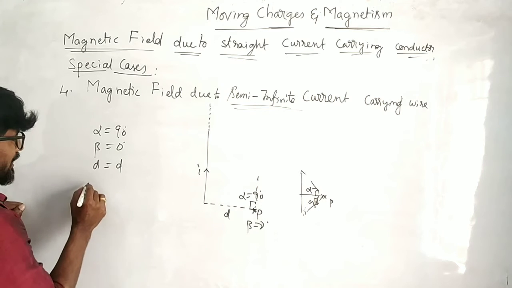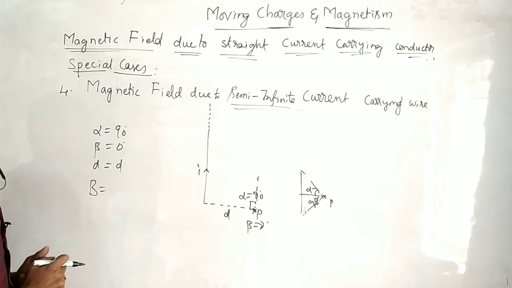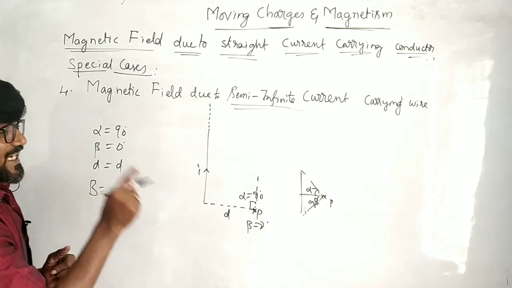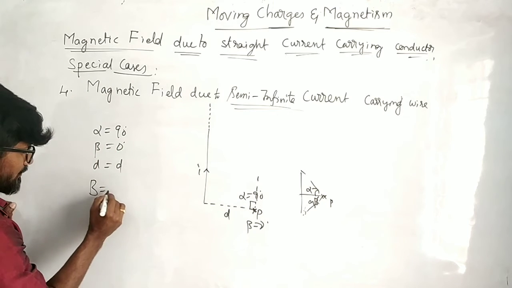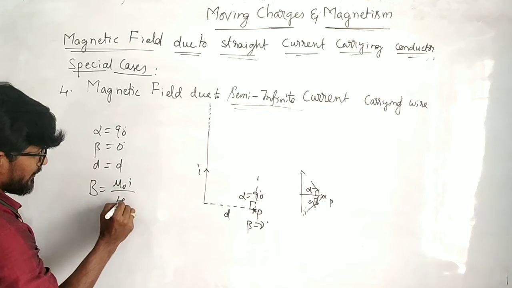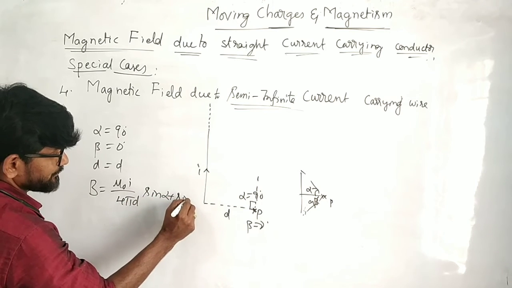So what is the magnetic field due to a semi-infinite current carrying conductor, when the point is lying near one of the edges? Here B is equal to mu naught I by 4 pi D into sin alpha plus sin beta, right?